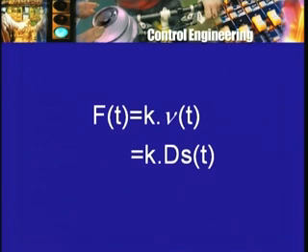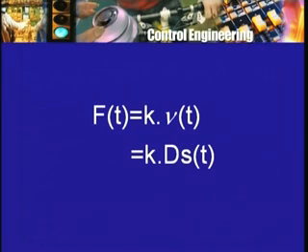So these are the three components of the mechanical system: the mass, the spring, and the dashpot, with their models, which are all equations, which may be good for some purposes, may not be so good.